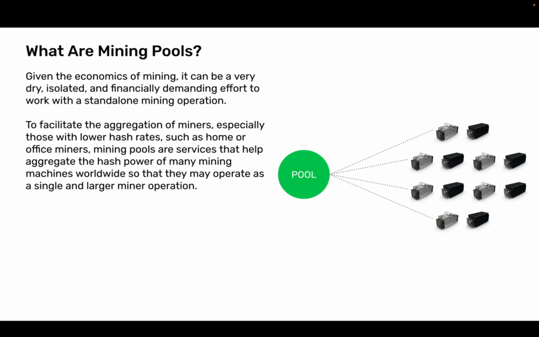Given the economics of mining, it can be a very dry, isolated, and financially demanding effort to work with a standalone mining operation. To facilitate the aggregation of miners, especially those with lower hash rates, such as home or office miners, mining pools are services that help aggregate the hash power of many mining machines worldwide so that they may operate as a single and larger miner operation.